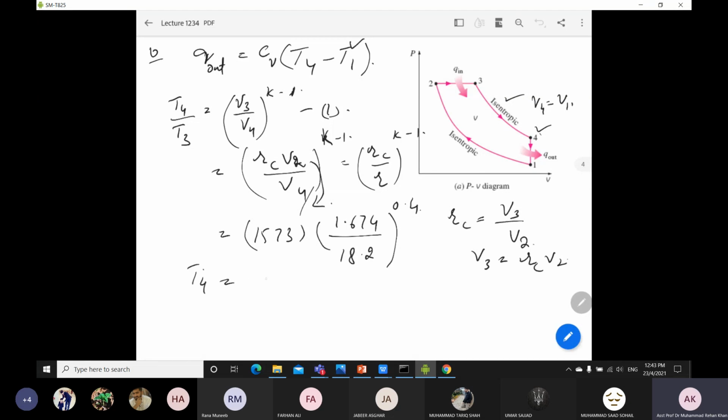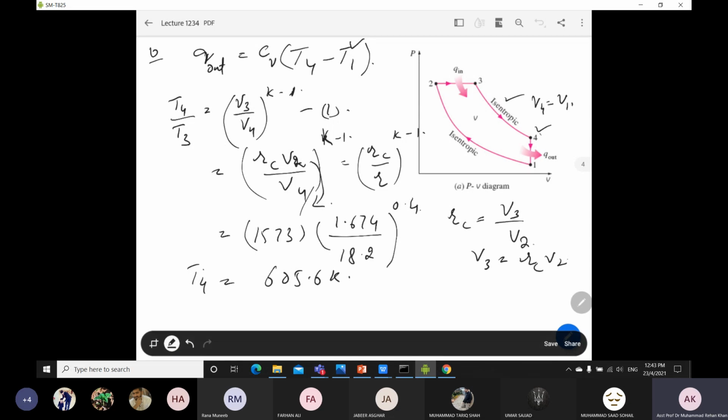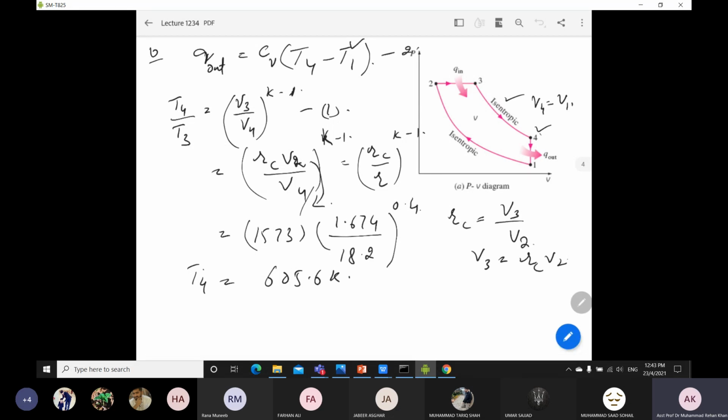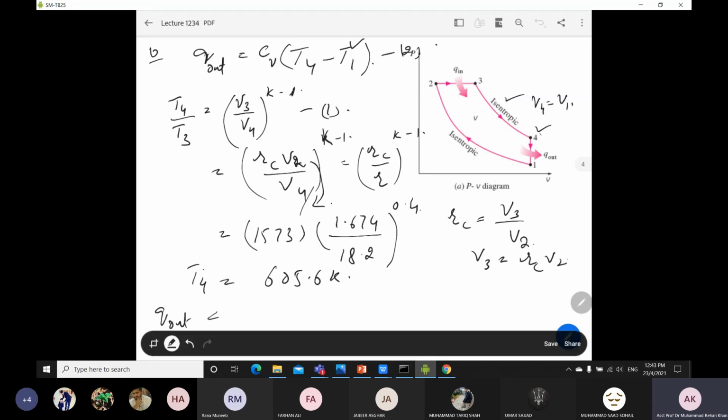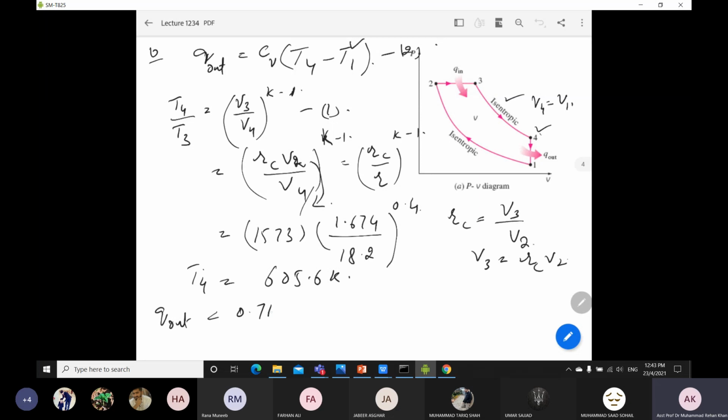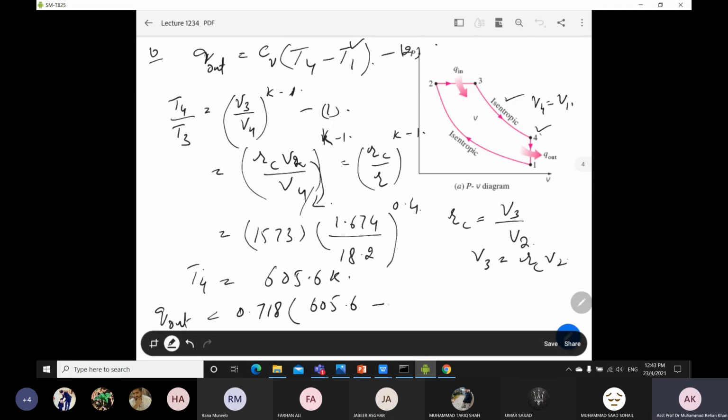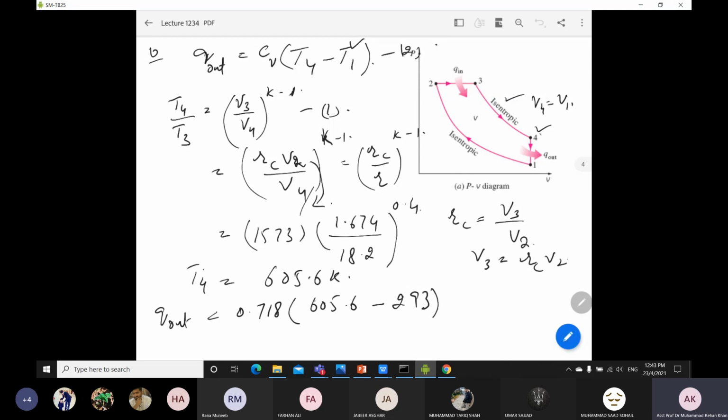So T4 is equal to 605.6 Kelvin. Okay, so now you can put this value in, you can say it is equation number 2, and you will get the CV value. You can either remember it or you can go to table A2 and you can find 0.718 is the value, and T4 is 605.6, and T1 is mentioned in the question, which is 293 Kelvin.